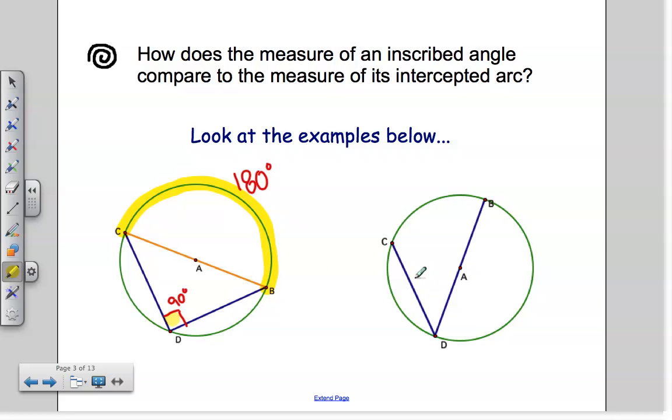In this example, I'm looking at angle D. It is an inscribed angle, right, because its vertex is on that circle. And I'm looking at the arc that is intercepted. The intercepted arc would be from the endpoints of that angle, so C to B. Now I want to add just a little bit of a dotted line here to get a reference point.